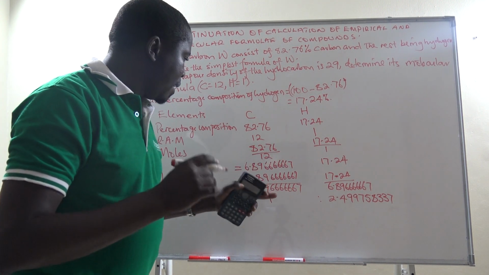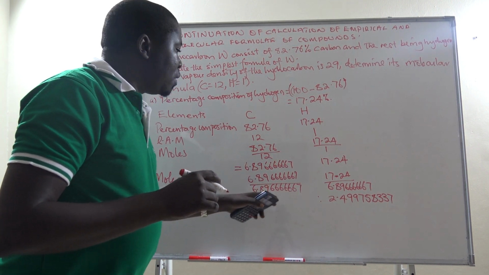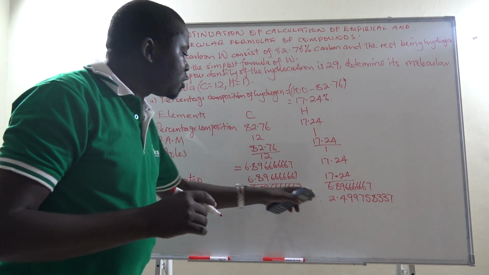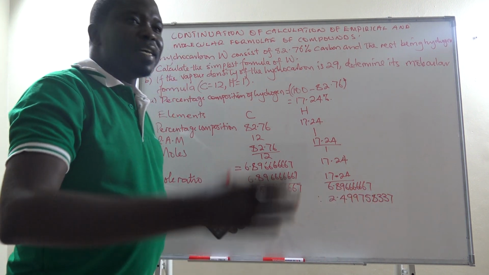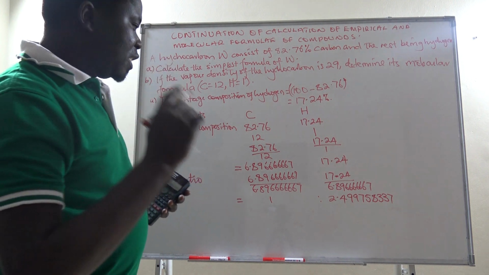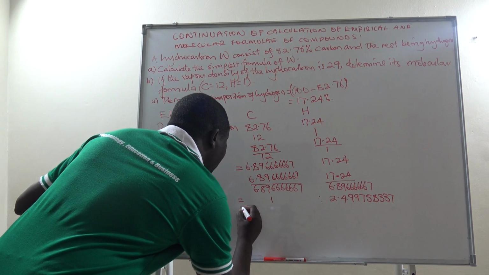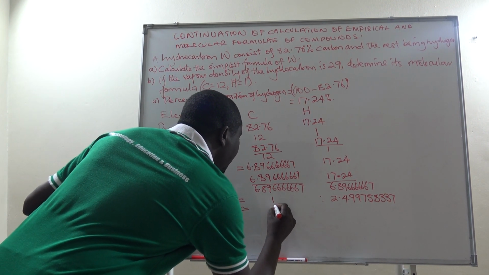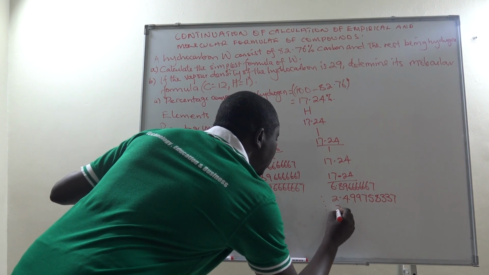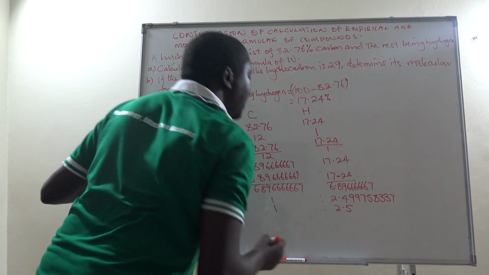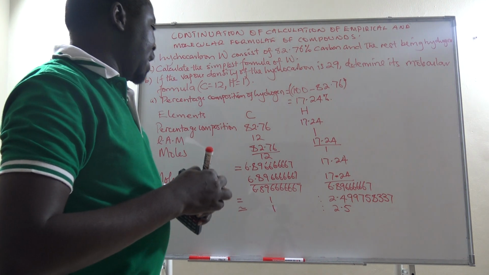Leave them the way they are. But when it comes to the mole ratio, please, when you have got a ratio of 1 to some decimal number, first round off to one decimal place, and in this case it becomes an approximate value. It is approximately 1 to 2.5.